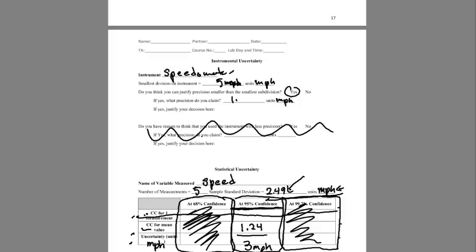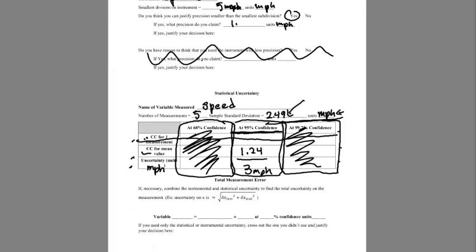So then the question is, how much total measurement error do I expect? Looking at this equation, you know that you're going to combine both the instrumental uncertainty and the statistical uncertainty, so that your total uncertainty on the velocity is going to be the square root of the sum of the squares. In this case, the instrumental uncertainty was just this thing up here.